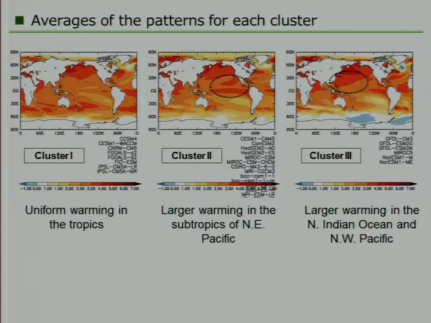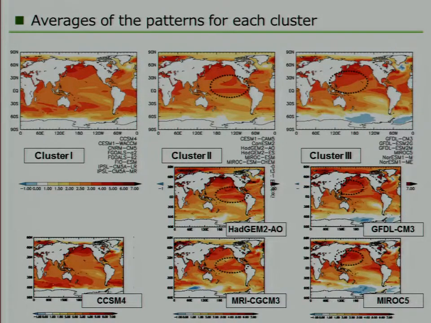And in cluster 3, larger warming is seen in the northern Indian Ocean and the northwestern Pacific. So the pattern is different between the clusters.